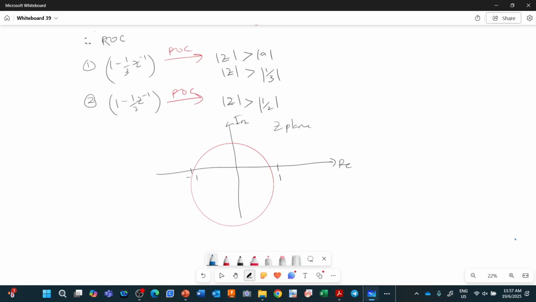So 1 over 3 and 1 over 2 is where? 1 over 2 is half, right? 1 over 2, minus 1 over 2. 1 over 3 is here, right? That is 1 over 4.